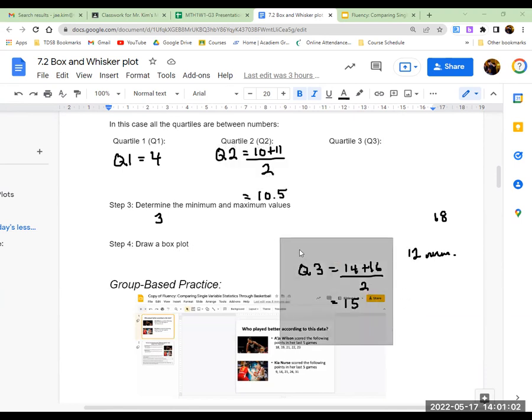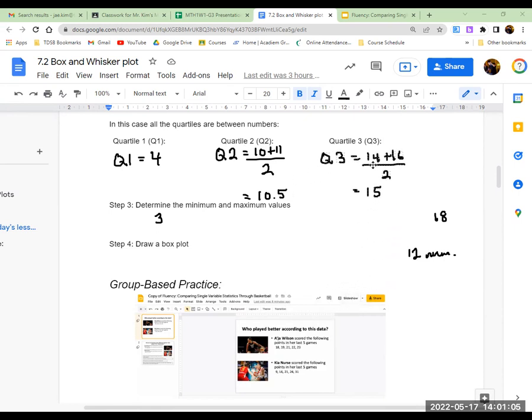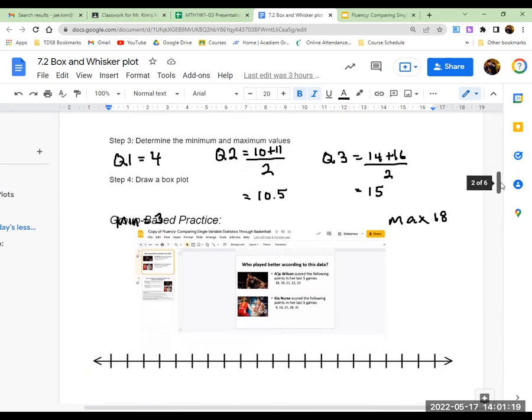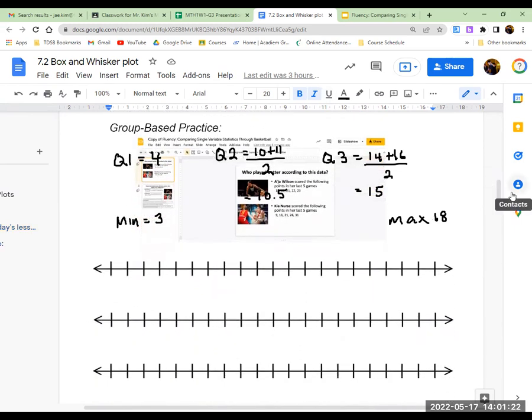Q3 is 15. My min is 3. My max is 18. Using this, would you please try and draw a box and whisker plot on the first line? I think I gave you too many lines, but for now, let's do a 1, 2, 3, 4, 5, 6, 7, 8, 9, 10, 11, 12, 13, 14, 15, 16, 17, 18, 19, 20.